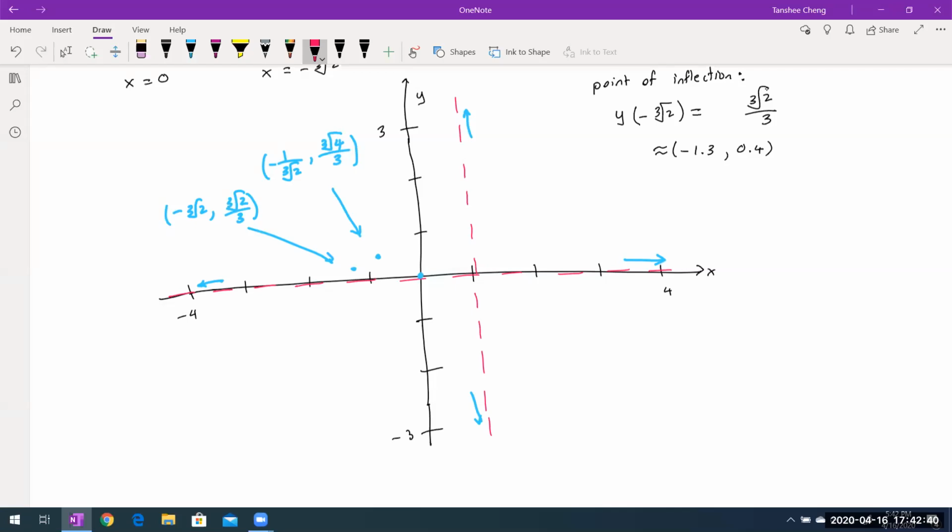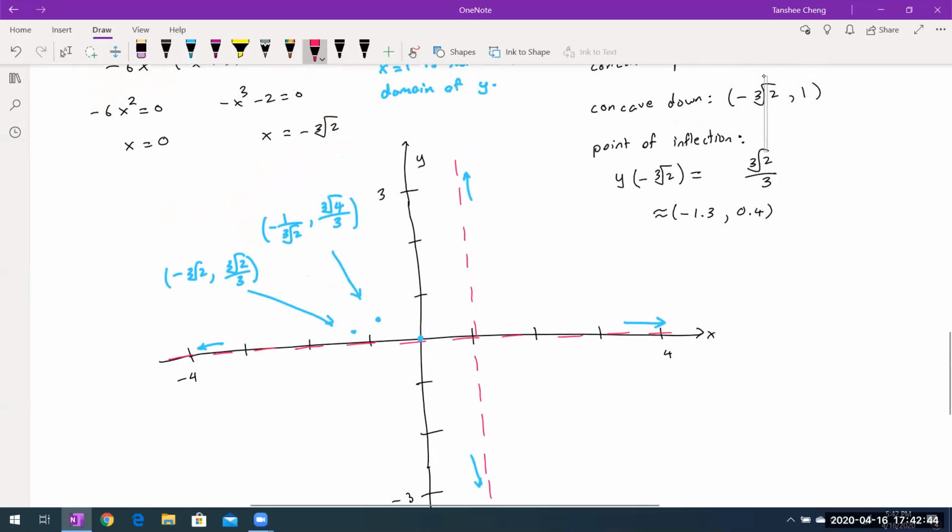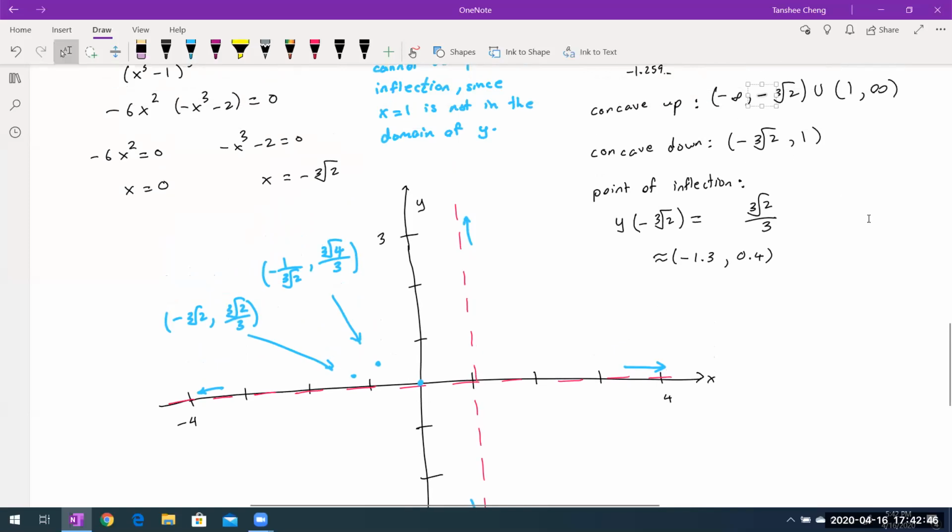So when I graph this, using the concavity part, we know that from 1 to positive infinity is concave up. So therefore, I can basically connect this part, which is going to be concave up like this. It's going to be concave up from 1 to infinity. And we also know that it's going to be concave up from negative infinity to negative cube root of 2, which is up to the point of inflection.